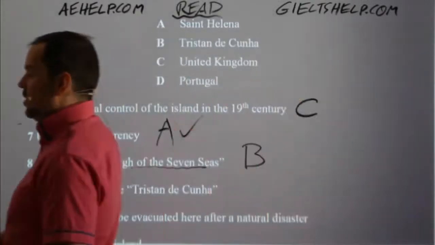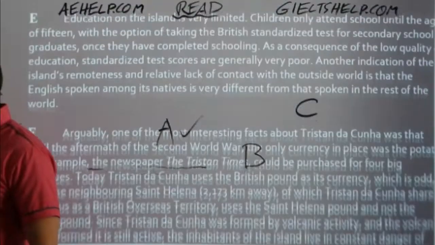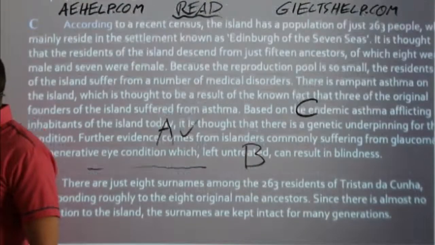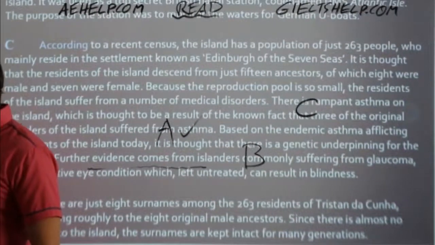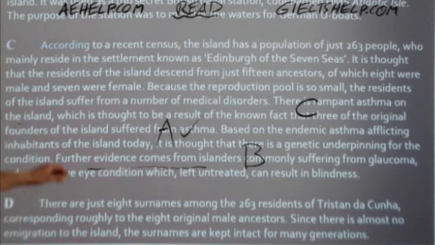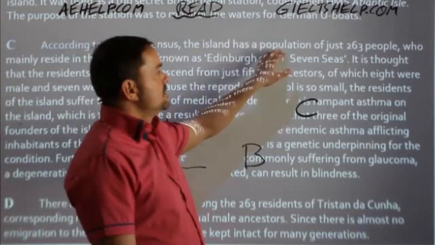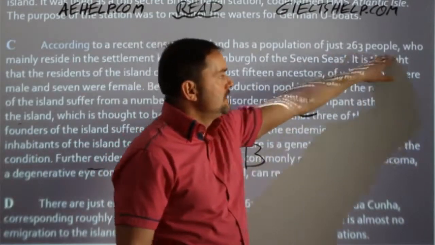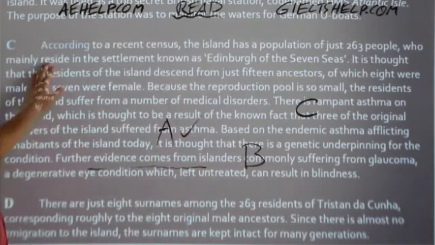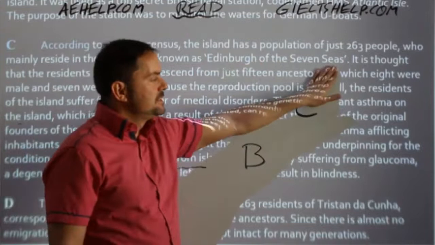And this is also talking about the inhabitants of the island, right? So again, I didn't explain everything to you that I saw, but I saw this, okay? So according to a recent consensus, the island has a population of just 263 people who mainly reside in the settlement known as Edinburgh of the Seven Seas.